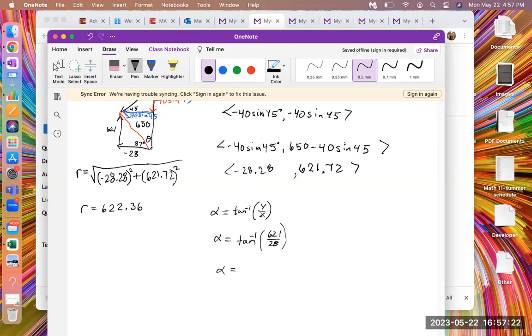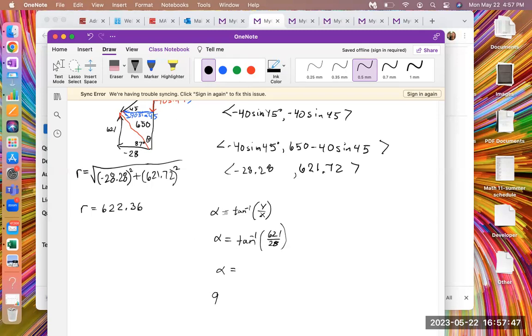So it was originally going straight north, which is straight up here. And now they're saying that the angle it's making between the x-axis and the resultant is 87. So how far away is it from going straight north? You just do 90, because this is a complementary angle.